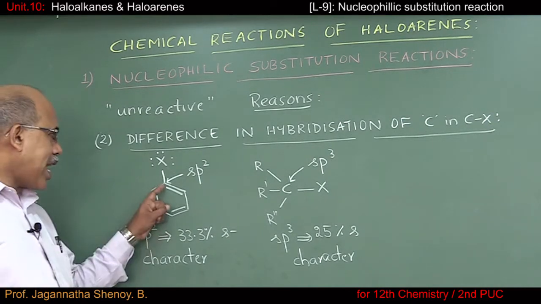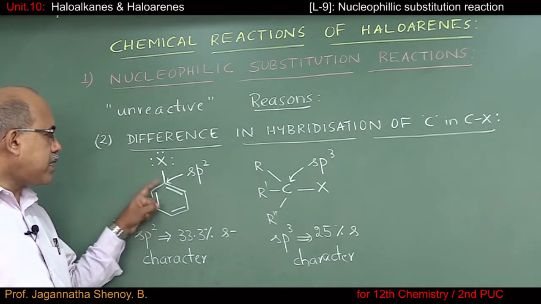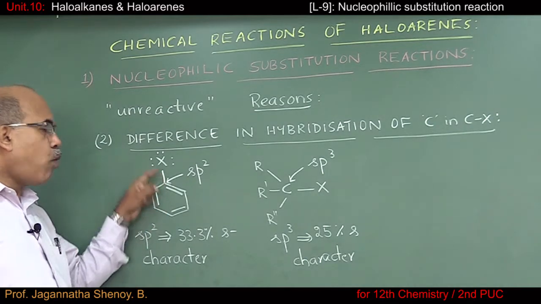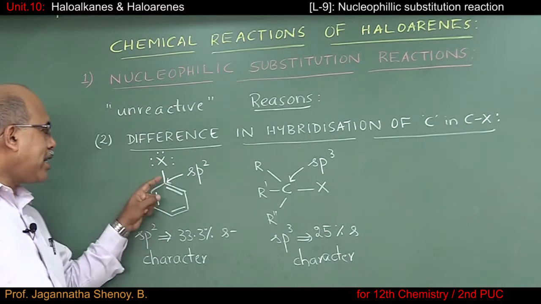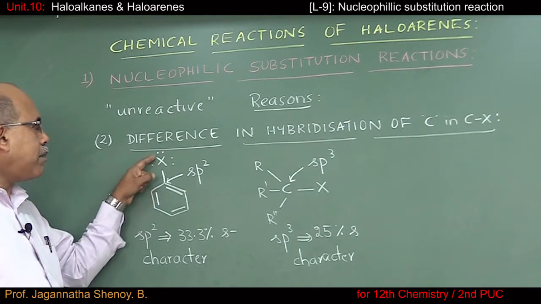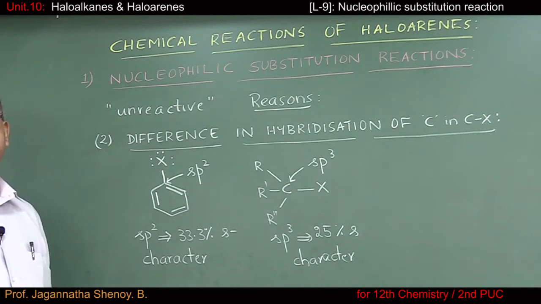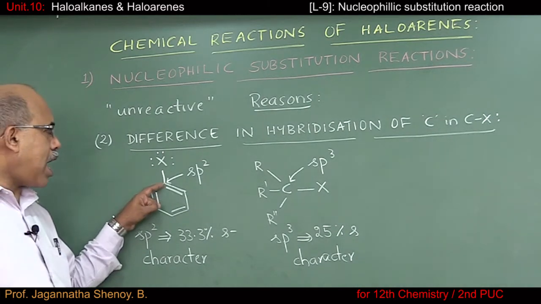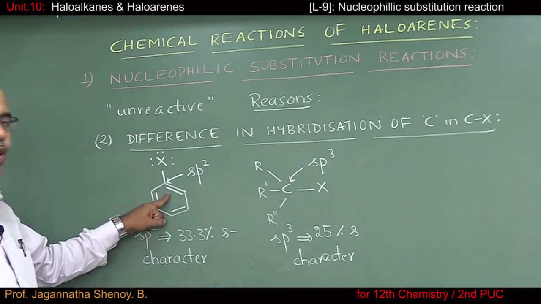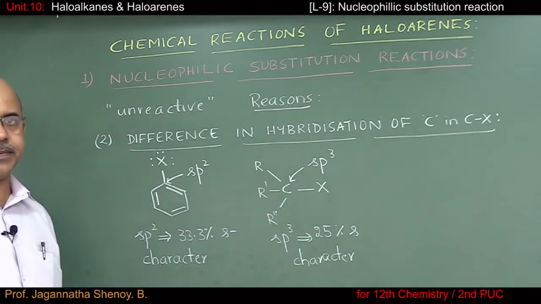So, in case of haloarene, the carbon atom of the benzene ring, because of higher s character, is more electronegative and will hold the shared electron pair of the carbon halogen bond more tightly towards itself. Hence, breaking the carbon halogen bond is more difficult in case of haloarenes when compared to that in haloalkanes.